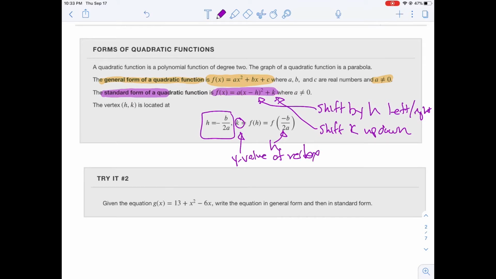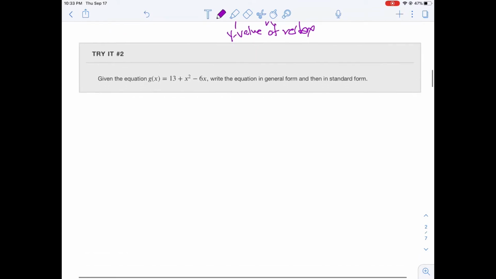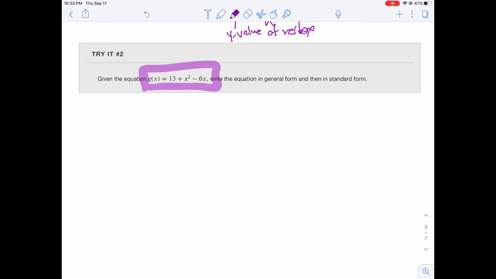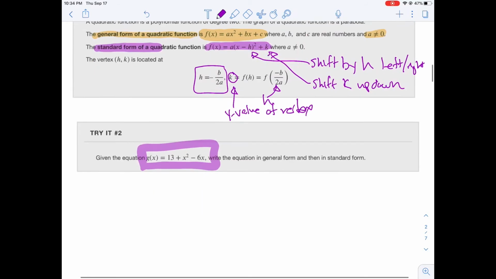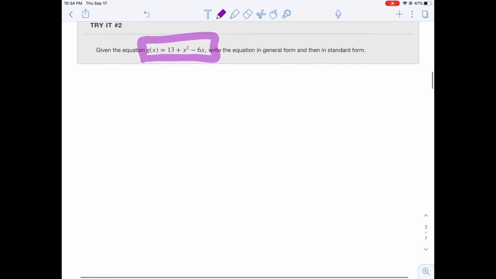So we're going to work with a couple of examples where you can use those two forms of the equation. So suppose you have some equation like this. Here's g of x. It's not written in general form.